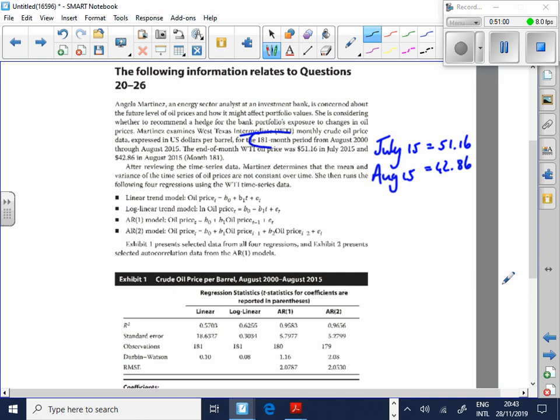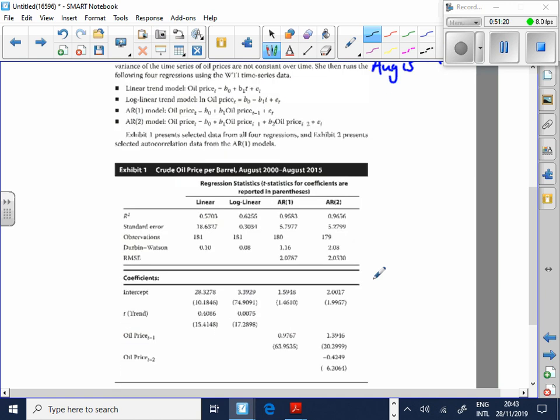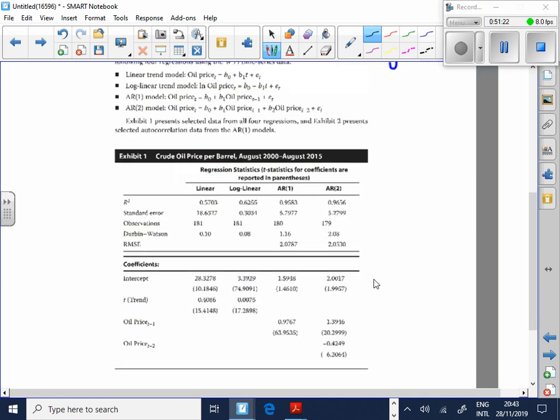Linear trend model, log linear trend model, AR1 model and AR2 models. Exhibit 1 presents selected data from all 4 regressions. Exhibit 2 presents selected autocorrelation data from the AR1 models. Okay, there's all your data.